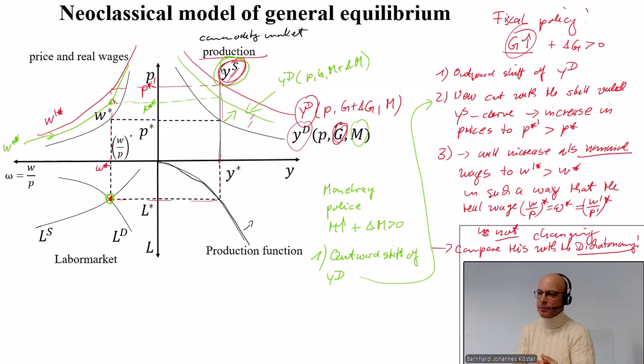Because this we call second round effects. This would then also mean if the prices start to increase again to an inflation rate of 3, 4, 5%, that then the workers will again rebargain and say, well, you have to pay me higher wages. But higher wages again mean higher costs for the enterprises.